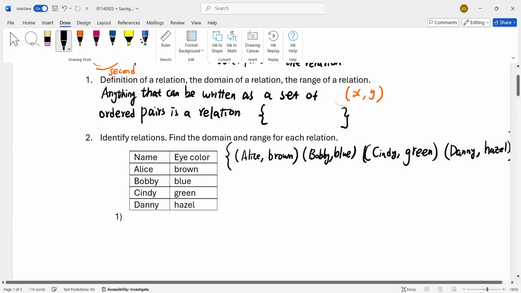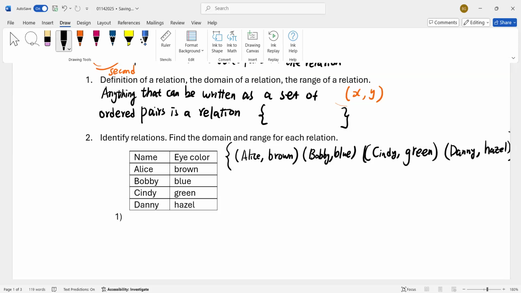So this is a set of ordered pairs. By the definition, it is a relation, because the information in the table can be written as a set of ordered pairs. Very good.